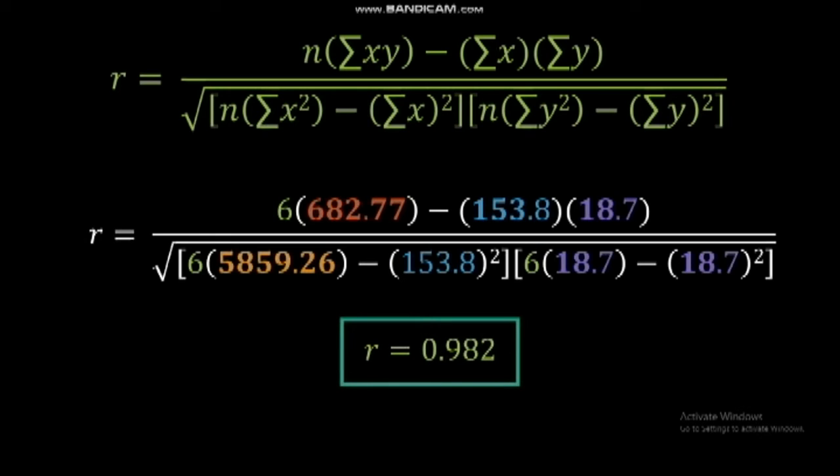So r is equal to 0.982. Since the value of r is computed from the data obtained from samples, we can say that r is significant because r is near positive 1 and negative 1.